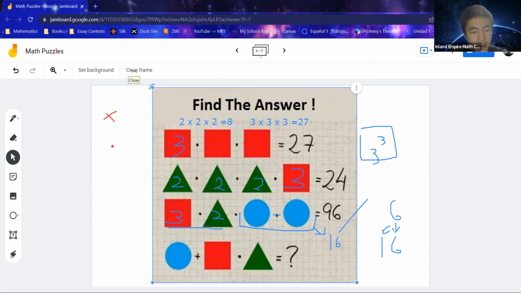Loy claims it is 14. Joyce, do you agree? Halbo claims it's 10. Ooh, we have a disagreement. What is your opinion, Joyce? We have a split right here.